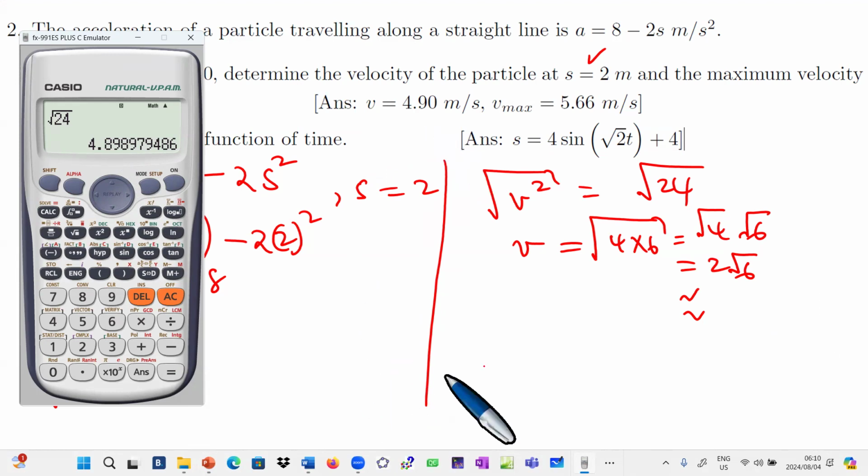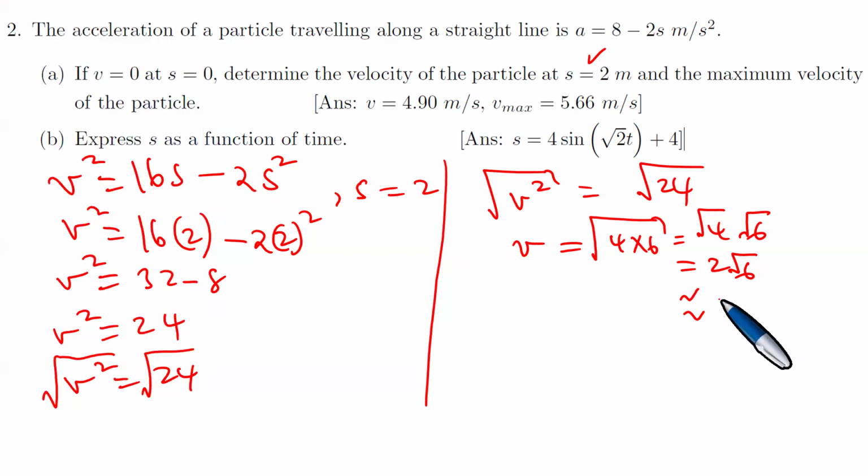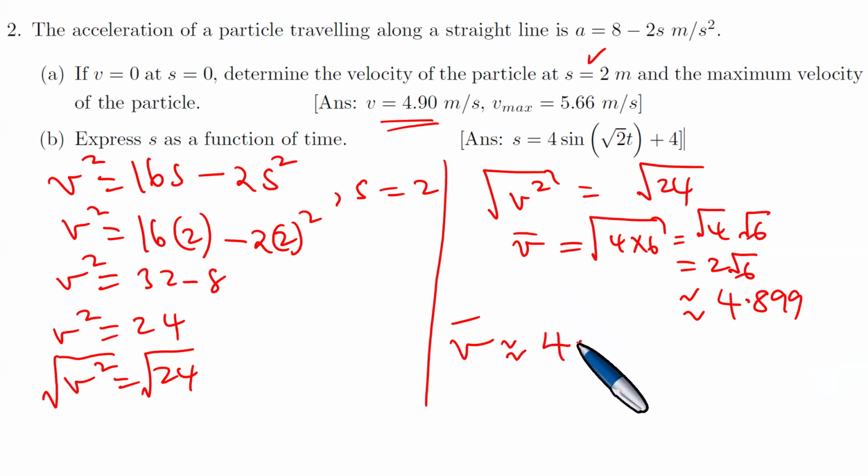So in other words, we say it is 4.899, which can be written according to the answer. So the velocity is therefore approximately 4.90 meters per second.